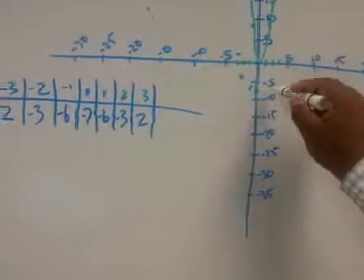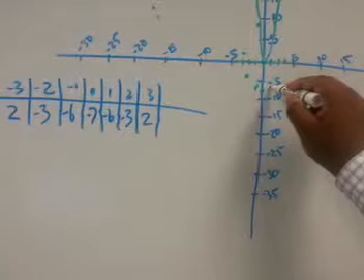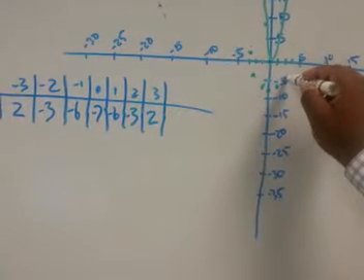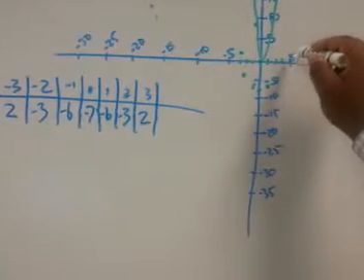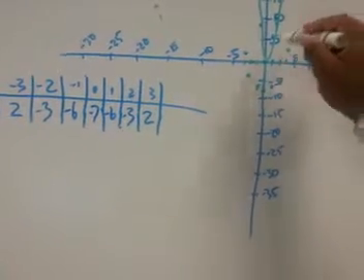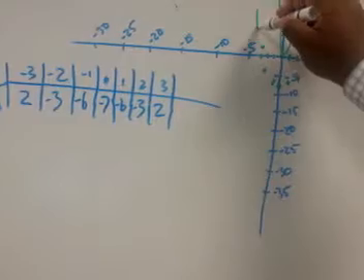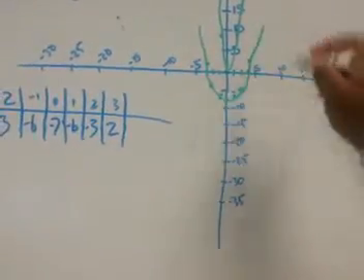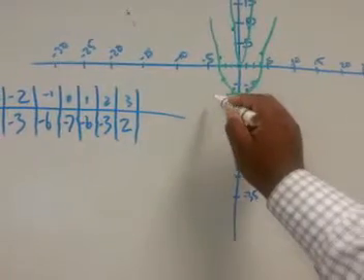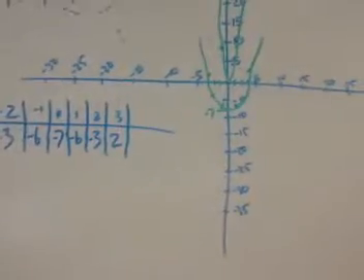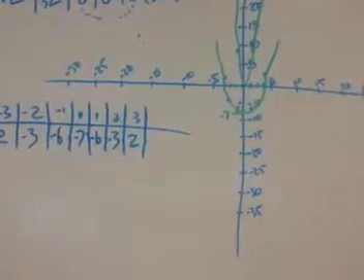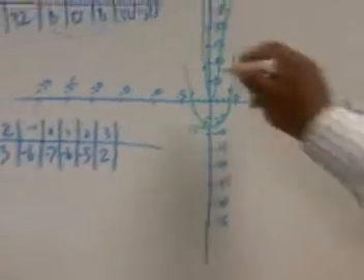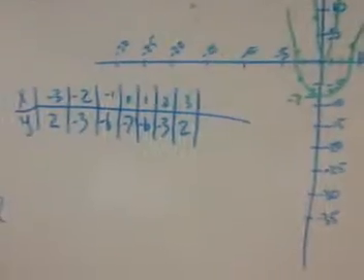And then we just go back up: negative 6, negative 3, and 2. And so in this case, I see it goes all the way down, and here is our negative 7. Okay, so easy enough. That's the kind of curve you like.